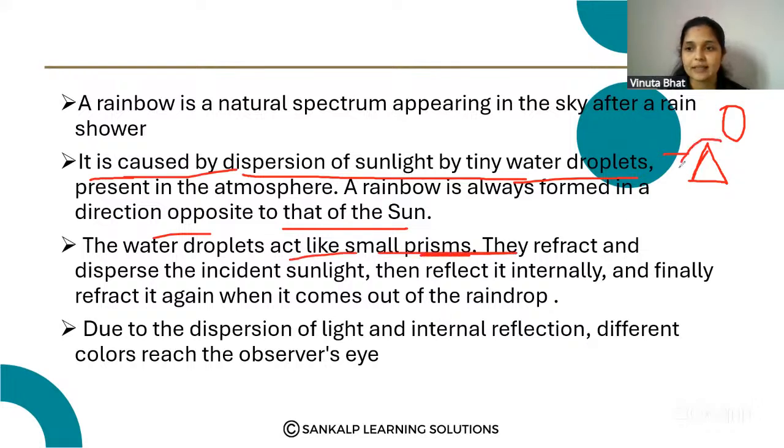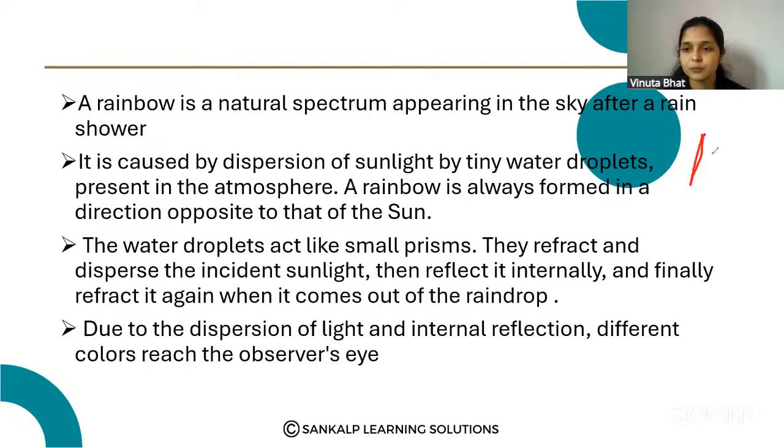Yes, it acts as a small prism where it refracts the dispersed light and the incident sunlight, then reflects internally and finally refracts again when it comes out of the raindrop. So when the light falls on the raindrop, it refracts and disperses the incident sunlight.